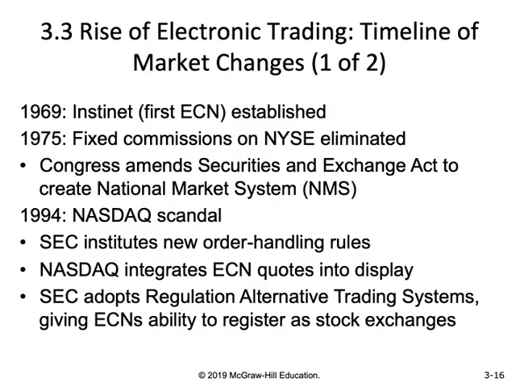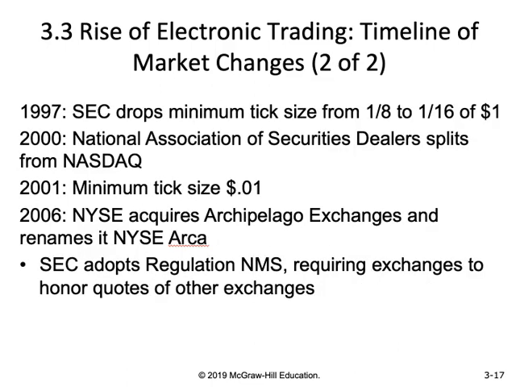The next couple of slides provide a little history about how the markets have developed. One of the things that I think is important to note is that the SEC, in trying to make the markets more efficient and inexpensive, dropped the minimum tick size in 1997. Now the tick size is how much a security moves at a time, the minimum amount it can move.